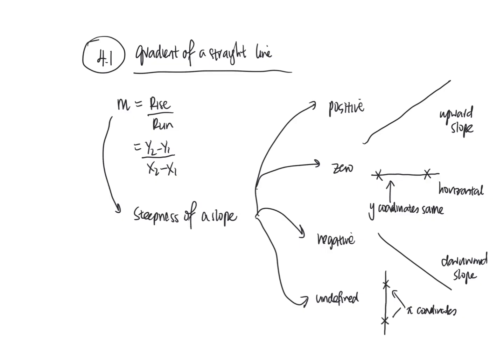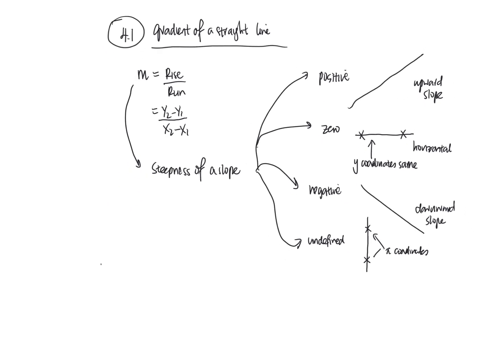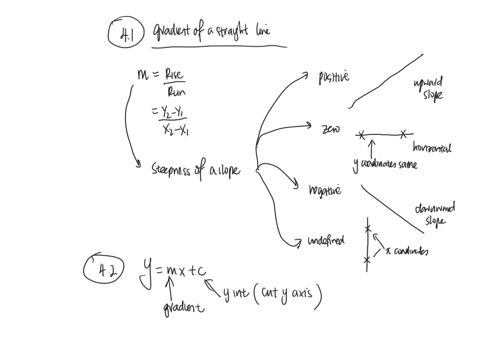Okay, so these were the majority of the things we mentioned yesterday. And then in 4.2, you also have learned that the equation of a straight line is always y equals mx plus c. This m tells the gradient. This c tells the y-intercept. It tells you where it cuts the y-axis. So your line can slope upward, downward, or be horizontal or vertical.